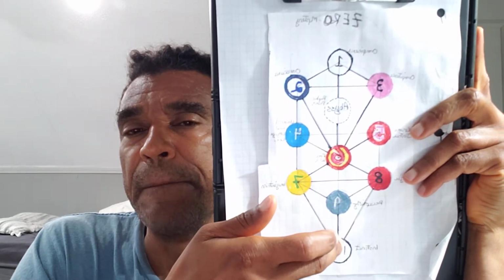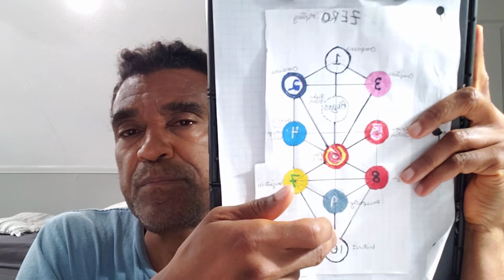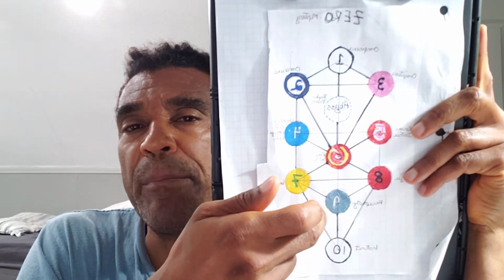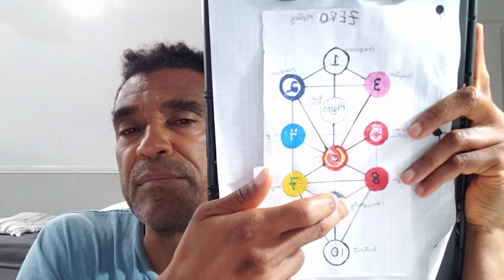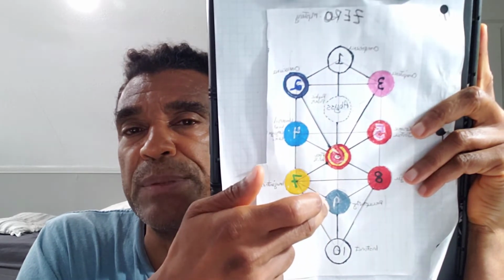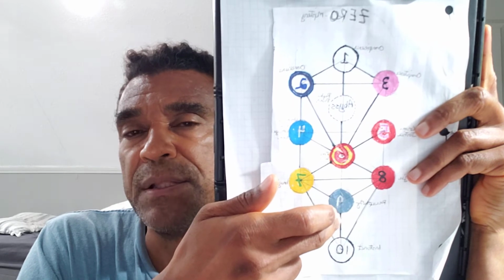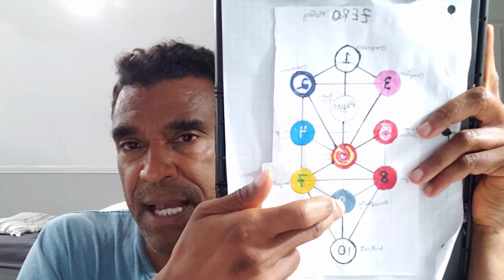And then, as we grow up, from the very beginning of our life until we begin to leave the house, the ninth sphere is our domestic consciousness.